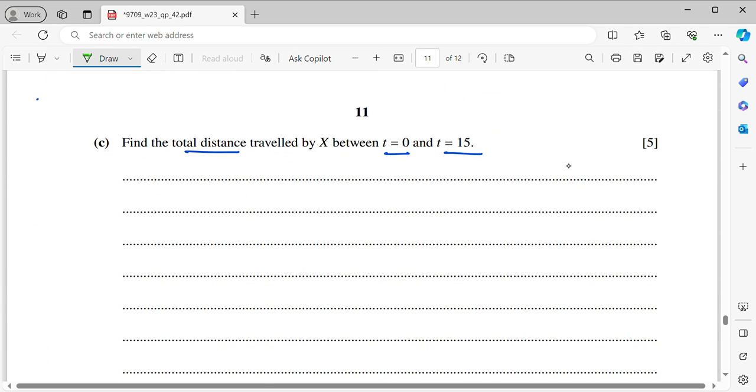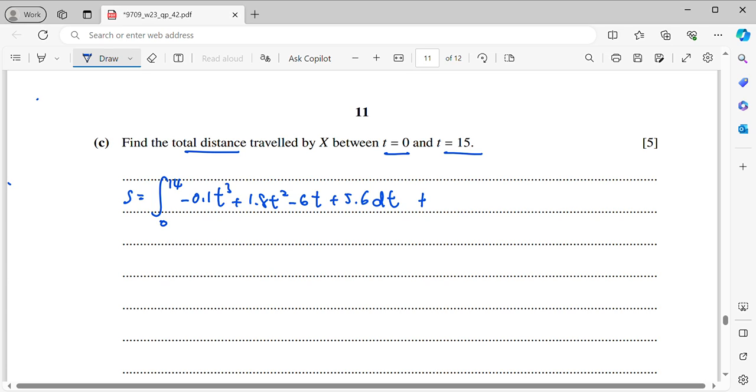Okay, so now I will write my distance as equals to the integral from 0 to 14 of v, so negative 0.1 t cubed plus 1.8 t squared minus 6t plus 5.6 dt. This is my v.